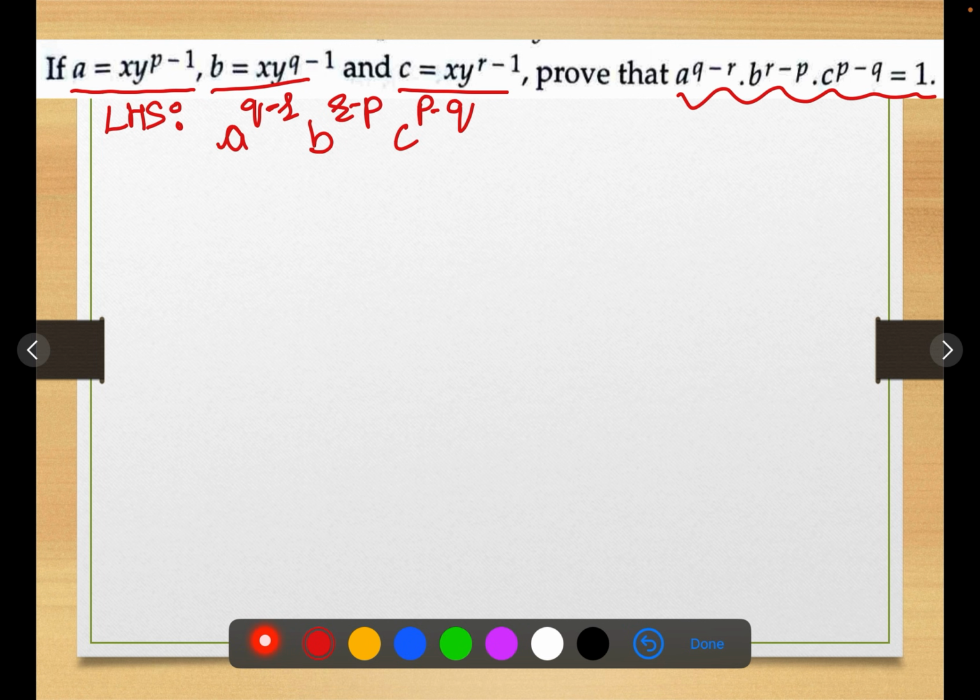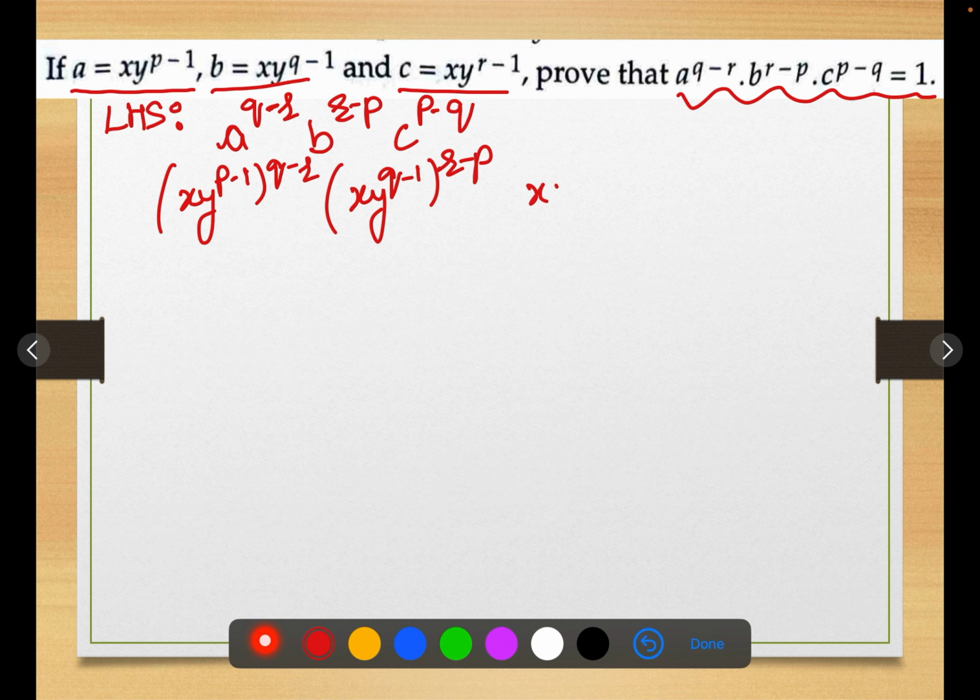I'll put the value of a here, which is xy to the power p minus 1, to the power q minus r. Value of b, xy to the power q minus 1, to the power r minus p. C, xy to the power r minus 1, to the power p minus q.